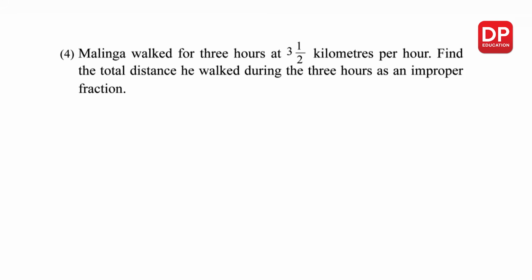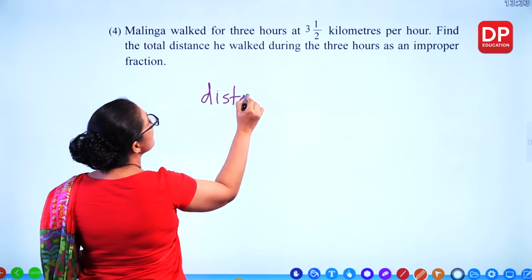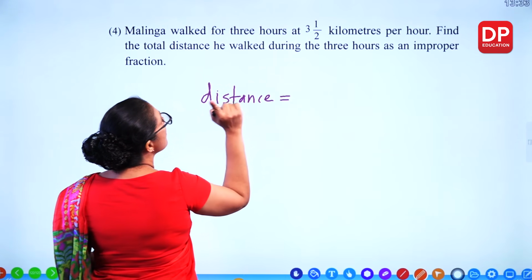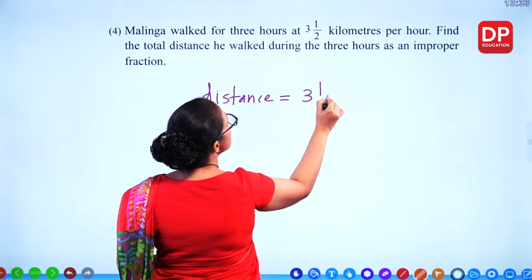Question number 4. Malinga walked for 3 hours at 3.5 kilometers per hour. Find the total distance he walked during the 3 hours as an improper fraction. So what's the distance traveled? Each 1 hour, 3.5 kilometers.